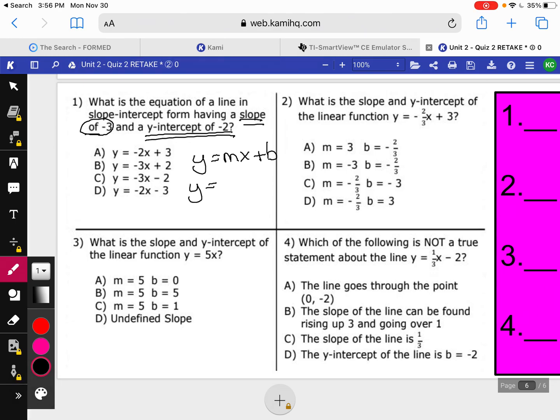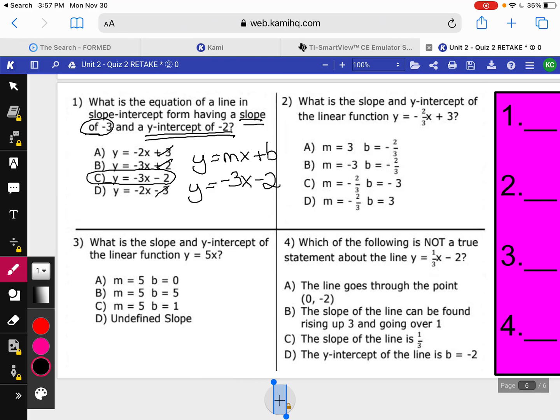Y equals, my slope is -3x. Now my slope is -3, it's getting times x, and my y-intercept is -2. Because that y-intercept is -2, I can see I only have one possible choice. And it matches because the slope is -3.